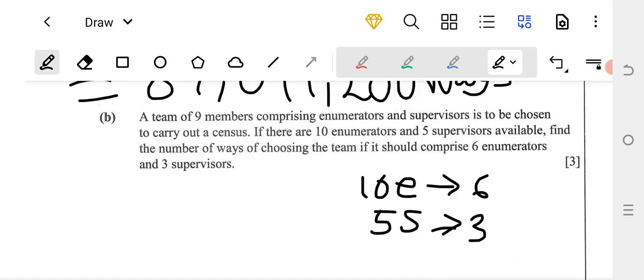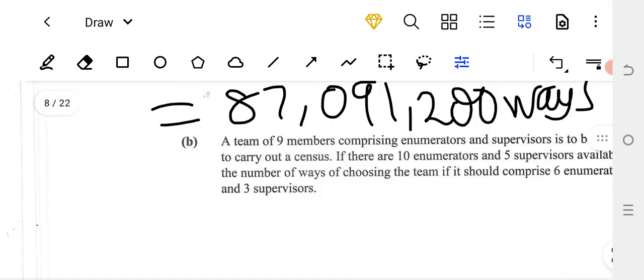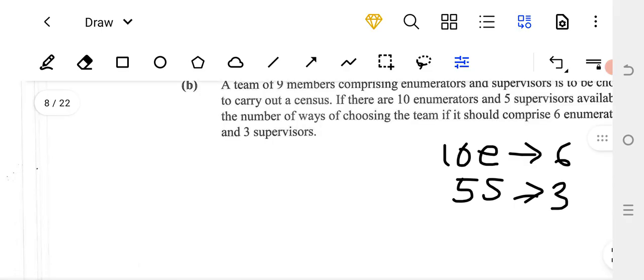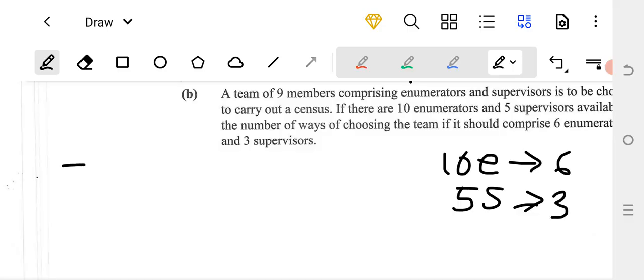So there are 10 enumerators, but we only want 6. There are 5 supervisors, but we only want 3. So that when we add the 6 plus 3, it should give us the total for the team of 9. So what you do is, there are 10 enumerators.